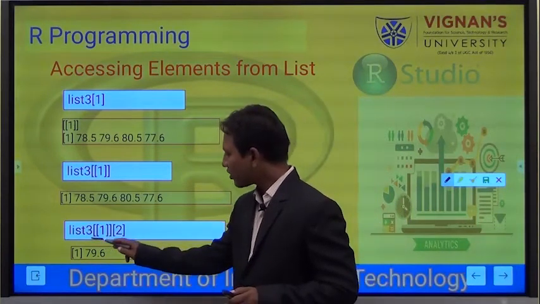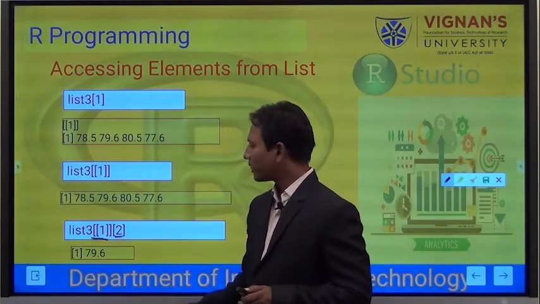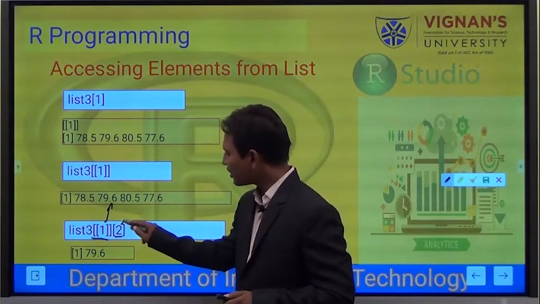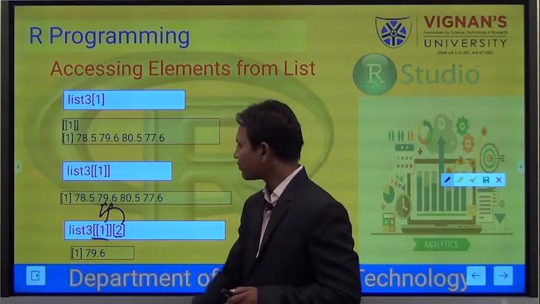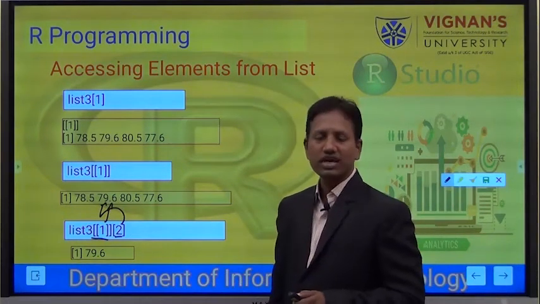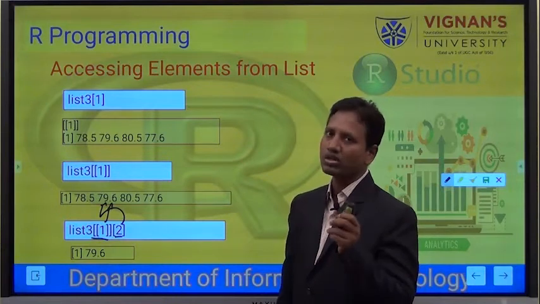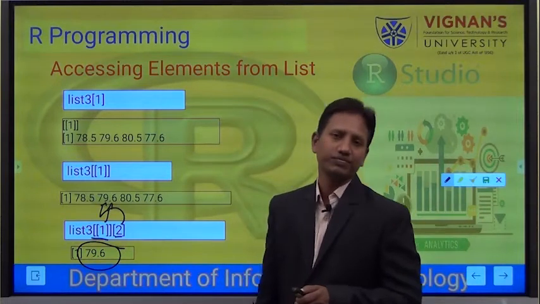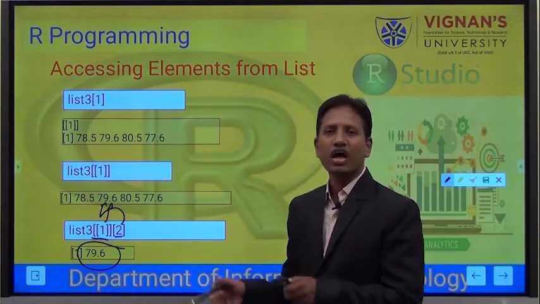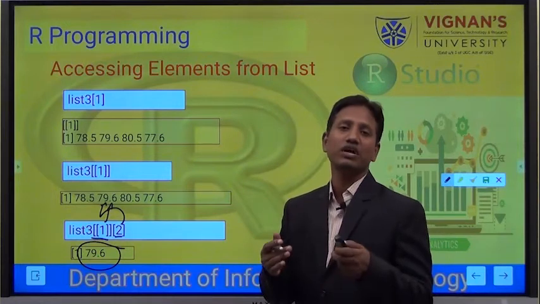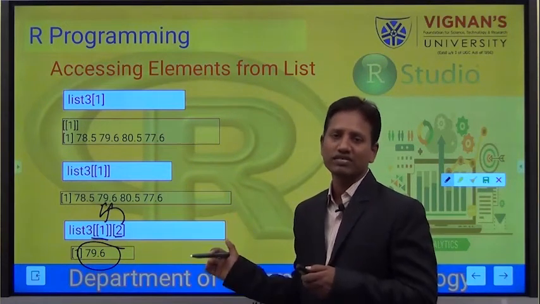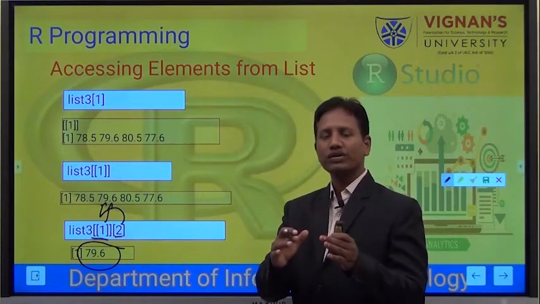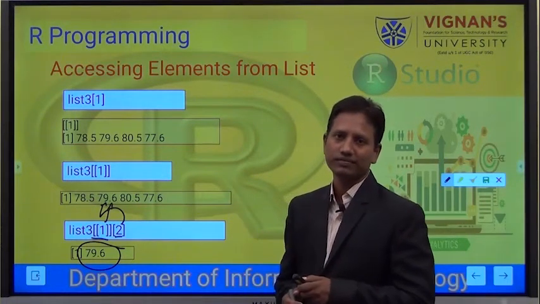In double bracket 1 it has given this one, and for this 2 it is giving me this value 79.6, and because of that we got the output 79.6. So this is how, with the help of indexing with double brackets, we access the elements of different R objects.